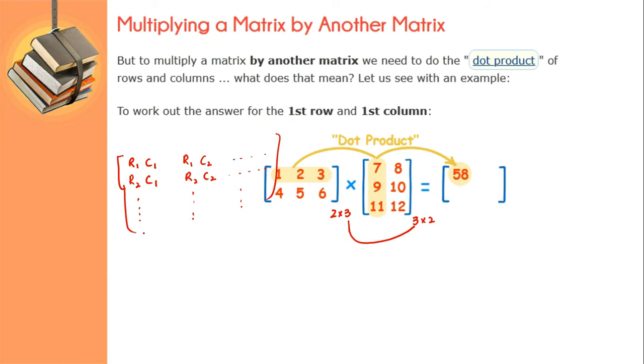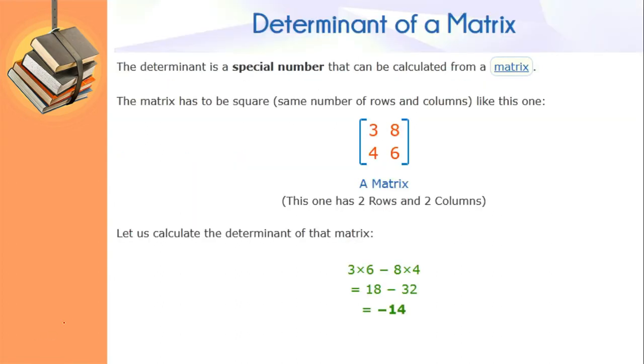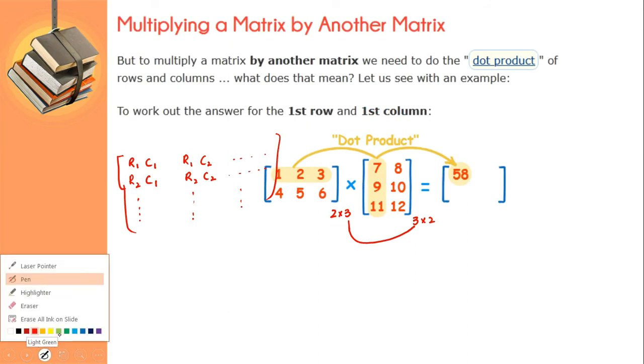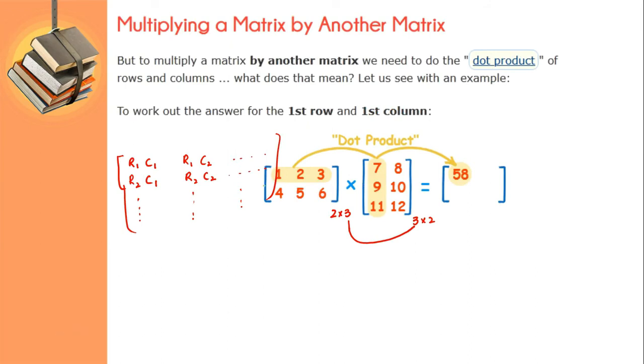Now, if we mark rows and columns here, this is row 1 and this is row 2. This is column 1 and this is column 2.